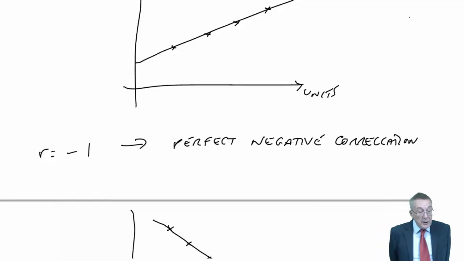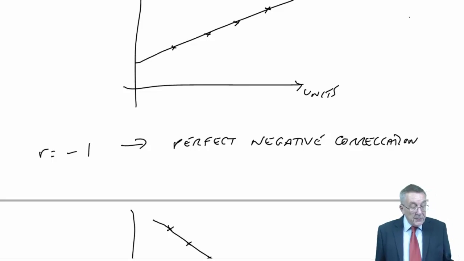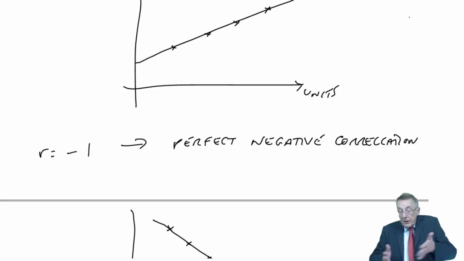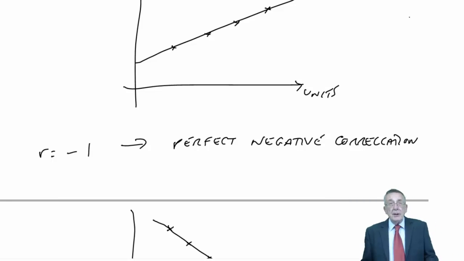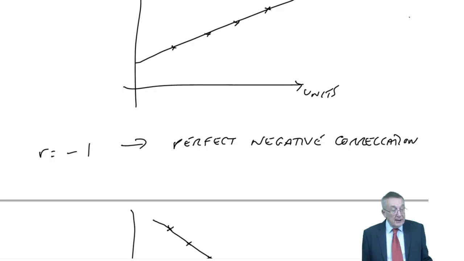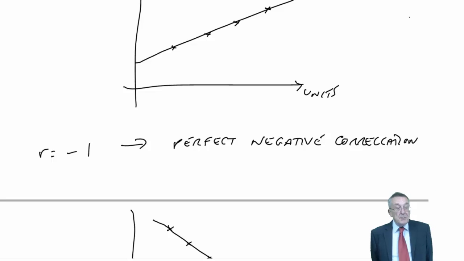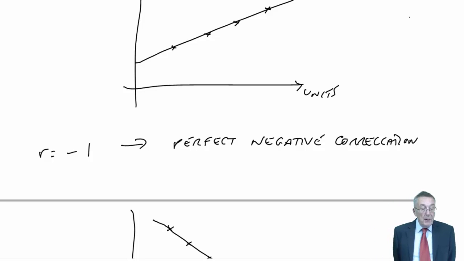Just to make sure you've got it, look at exercise 4. Our techniques can be applied to scenarios outside management accounting. We can use this on any two variables, you know, the number of cigarettes you smoke and the number of times you fall ill, that sort of thing. But it says here, state what type of correlation you would expect to find in the examples below: positive, negative, or no correlation.